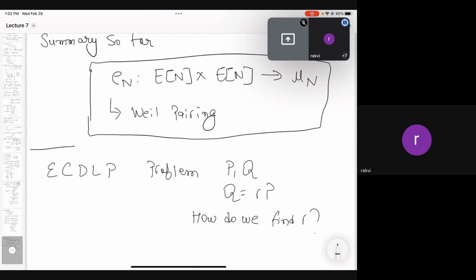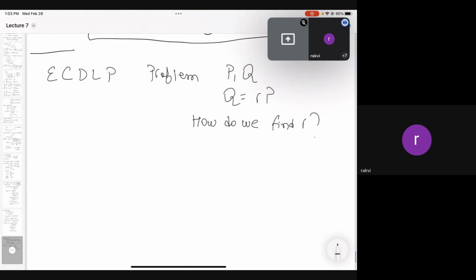Now the advantage is that using this pairing, we can think of it as a problem in solving this in mu_n, which may not be easy depending on how large and complicated our points and our field are. But still, solving it over elliptic curves is definitely more intimidating than solving it in mu_n. And when we are in mu_n, the roots of unity, it's a multiplicative group, so we can use index calculus methods to attack this problem at least.